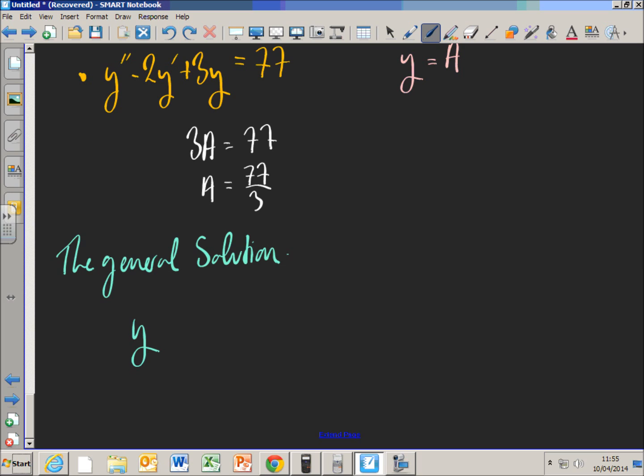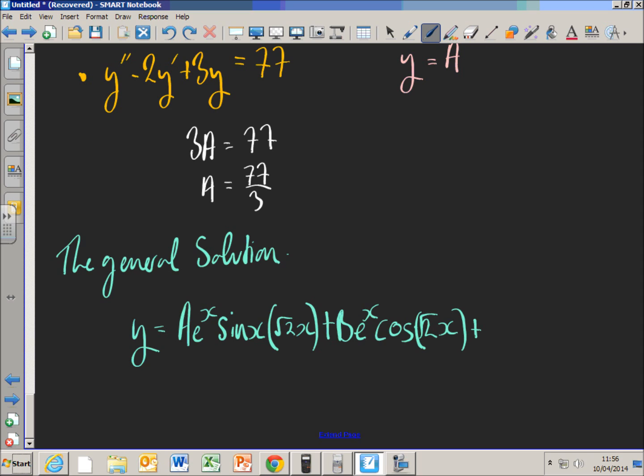The general solution is y, it's the addition of the particular integral and the complementary function. So what was it? Let's write it like this, shall we? It was a e to the x sine root 2 x plus b e to the x cos root 2 x plus 77 over 3.